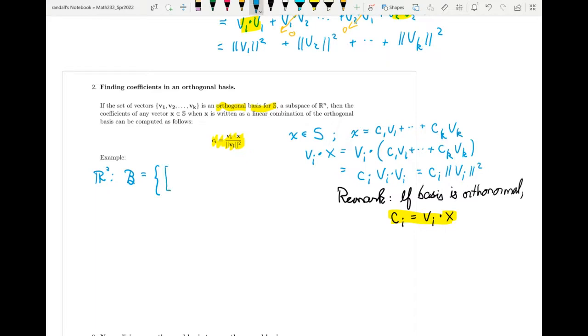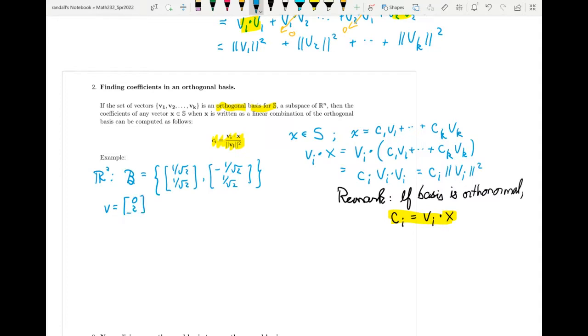I'm going to take that example from the page above. So I'll take 1 over root 2, 1 over root 2 as my first basis vector. And the second basis vector, minus 1 over root 2, 1 over root 2. Okay, so there's an orthonormal basis. And let's take v to be this vector here, 0, 2.